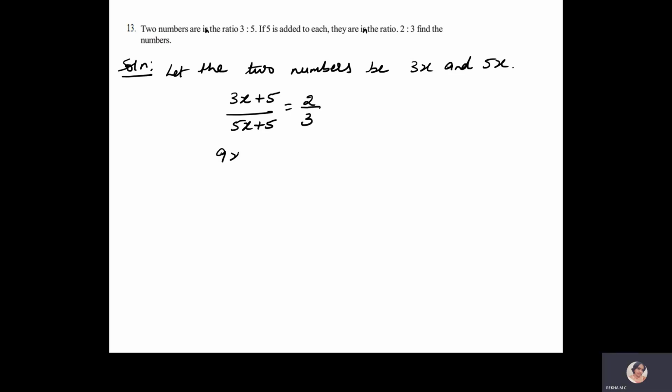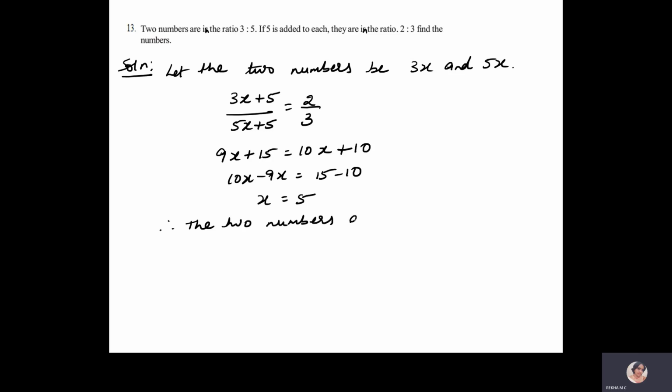So cross multiply, 9x plus 15 is equal to 10x plus 10. So I'll be getting it as 10x minus 9x is equal to 15 minus 10. So x is equal to 5. Therefore, the two numbers are 3 into 5, 15, and 5 into 5, 25.